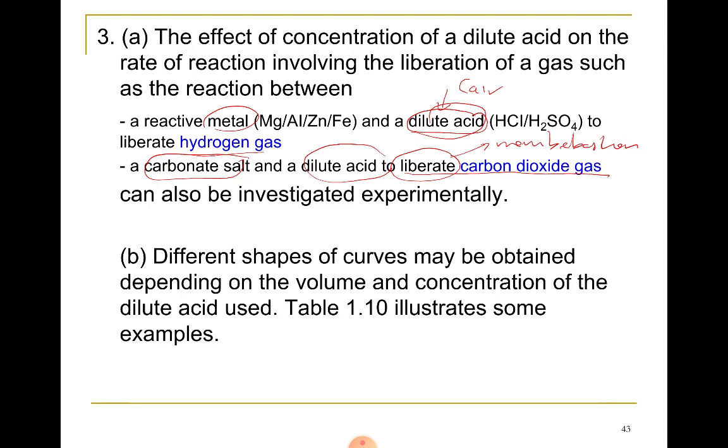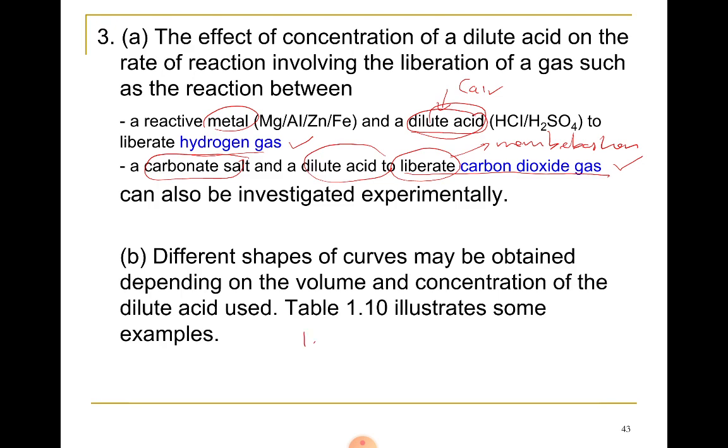Okay, so kat sini kita boleh tengok yang mana tindak balas dia lebih cepat, di mana hydrogen gas dia lebih banyak dibebaskan dan kadar tindak balas dia lebih tinggi. Okay, different shapes of curve may be obtained depending on the volume and concentration of the dilute acid. Table 1.10 illustrates some examples. Okay, cikgu nak bagi contoh.